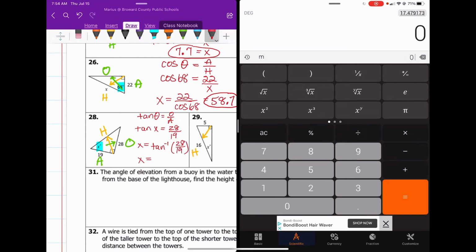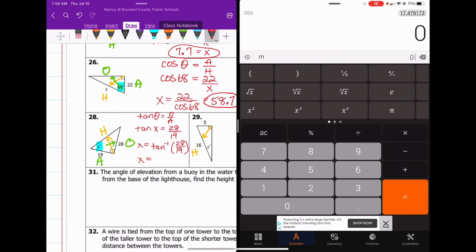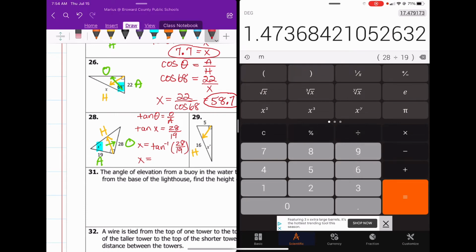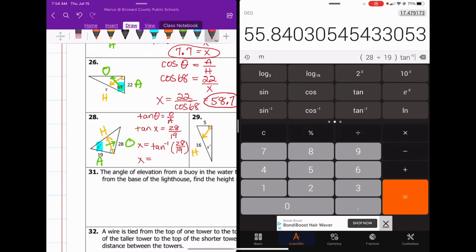And now, I'm going to hit parentheses, 28 divided by 19, close it, and then I'm going to hit inverse of tan, which is tan to the negative 1. I'm going to hit that button, and now I have my decimal answer, which is 55.8.